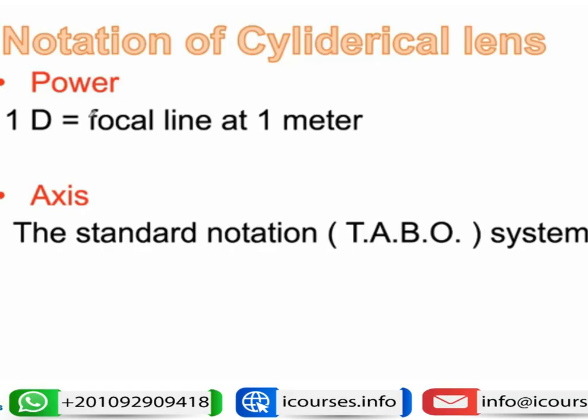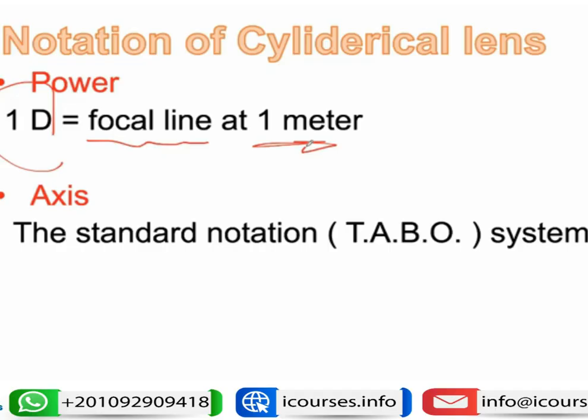So 1 diopter of power means that the focal line is present at 1 meter. As we mentioned in the last lecture, the dioptric power of a spherical lens means that this lens makes a focus at 1 meter, or 1 diopter means that it will make a single point focus at 1 meter. But in the case of a cylindrical lens, 1 diopter will equal a focal line at 1 meter.